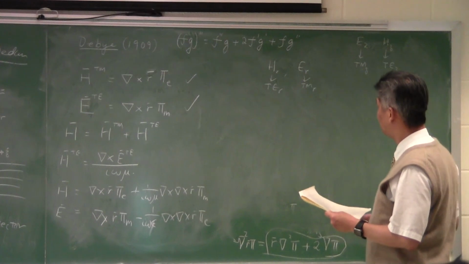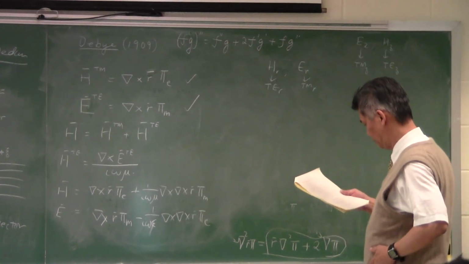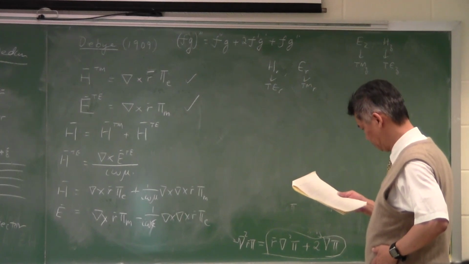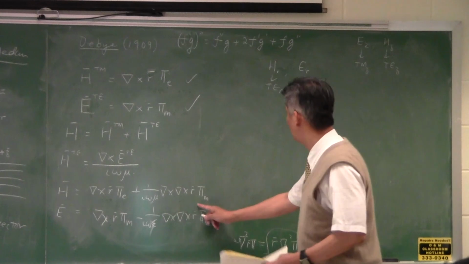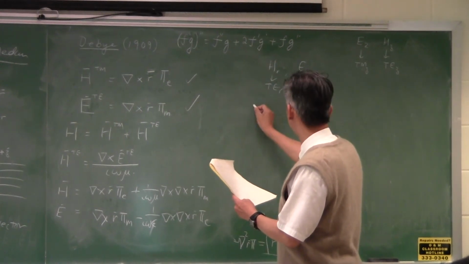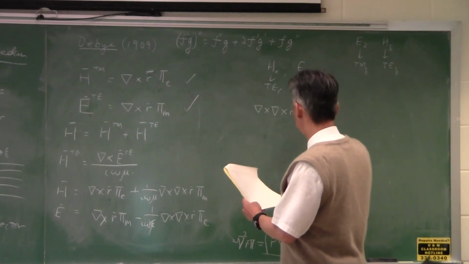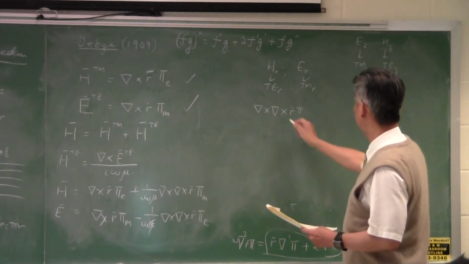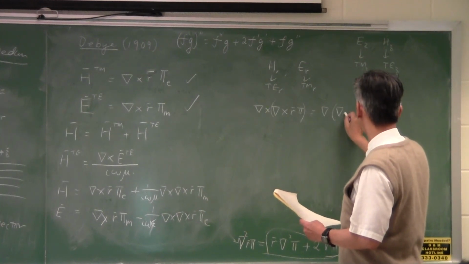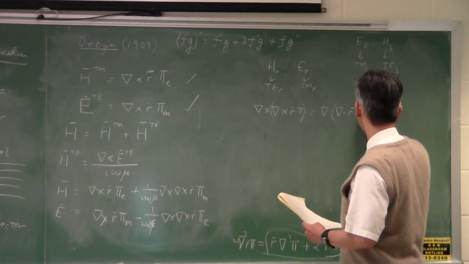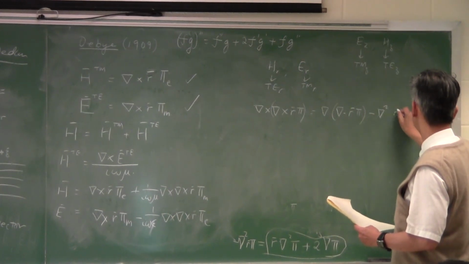And I'd like to extract the R component of this field, and that is the tricky part, as I said before. I said it many times, so it must have taken me quite a while to derive this expression. So if I extract the R part of this, I first have to look into this in greater detail. Again, I use the vector identity I learned as an undergraduate: this must be curl of curl equals the gradient of the divergence of R pi minus the Laplacian of R pi.